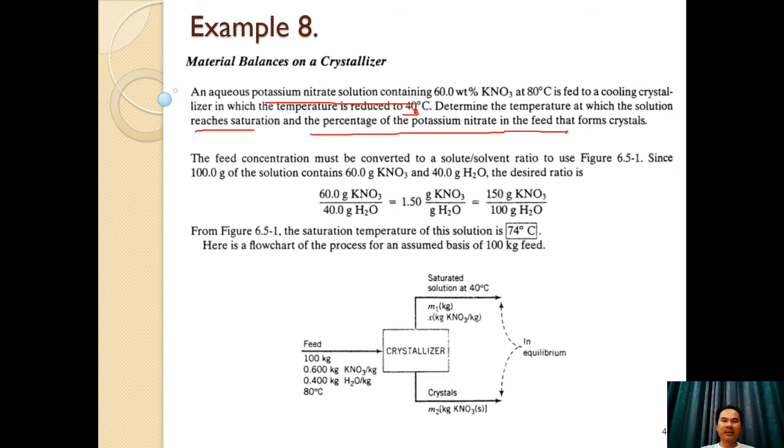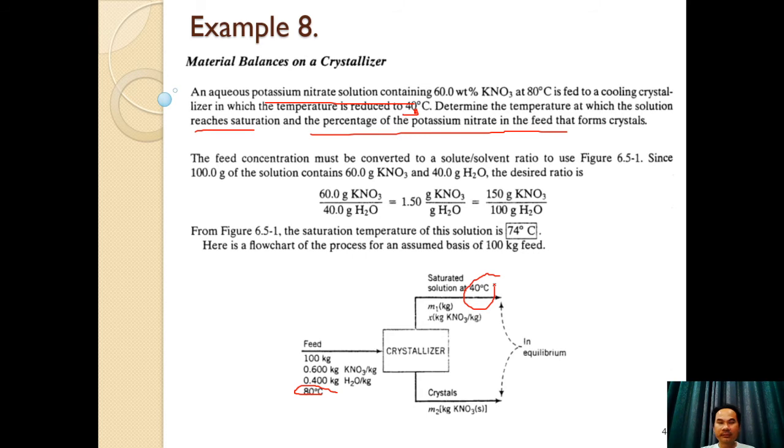For this case, first we have to calculate the temperature at the saturation equilibrium. We are cooling from 80 to 40.